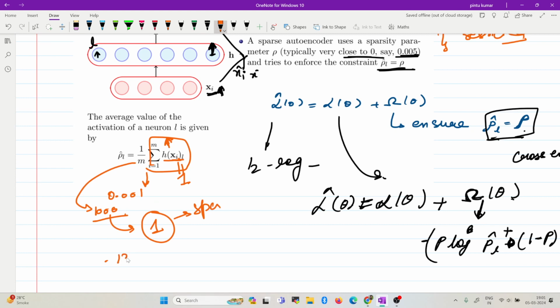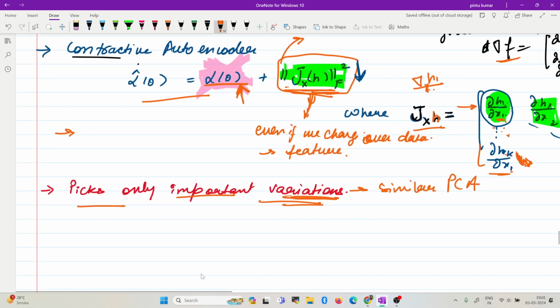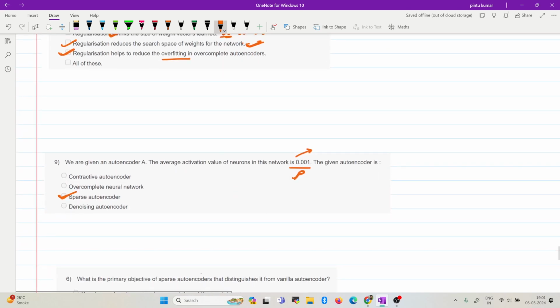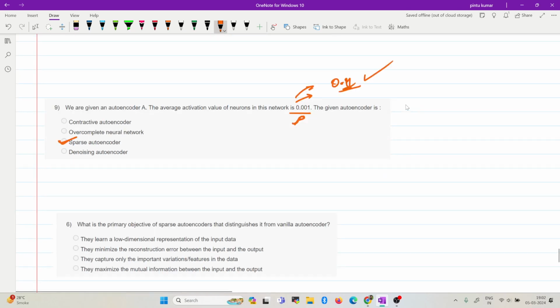If it has fired for 10 out of 1000, still it's sparse, right? Even if it has fired for 100 out of 1000, still it is sparse. I can't tell you the exact answer because it is this year's question, but you can think of it that way. Anything below, let's say, 0.1, you can say that it is a sparse autoencoder.